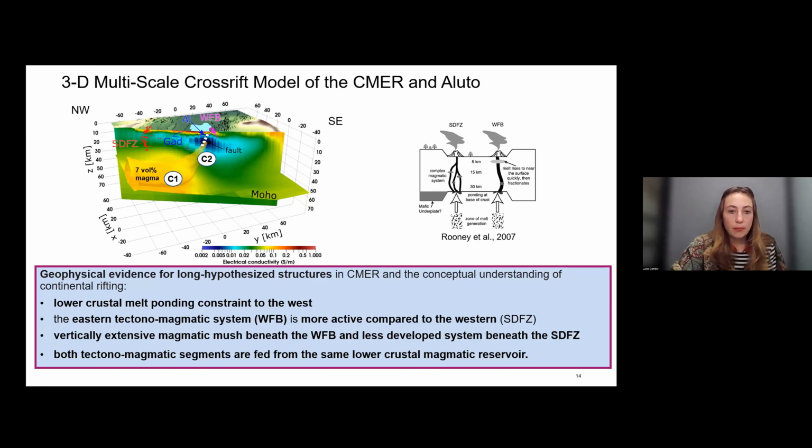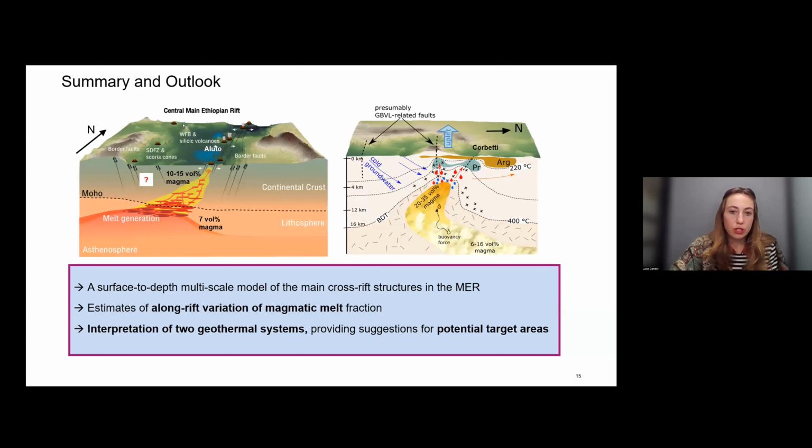I think to conclude, we drew these conceptual models from the Aluto region, from the cross-rift study, and from Corbetti volcano.